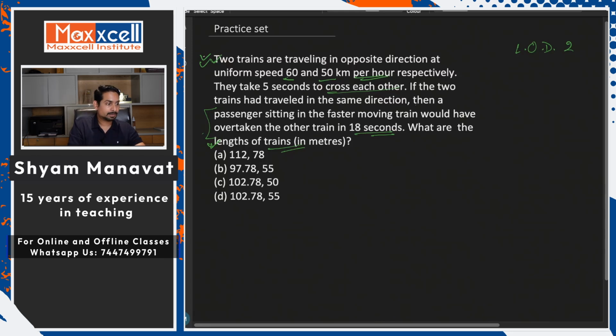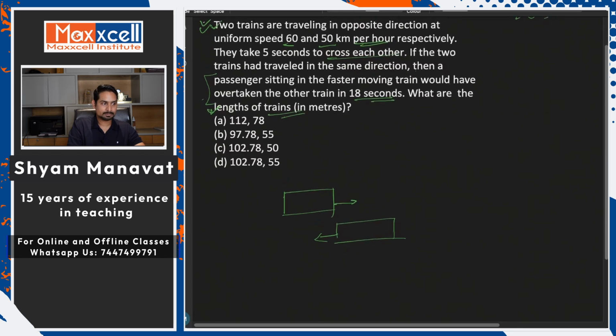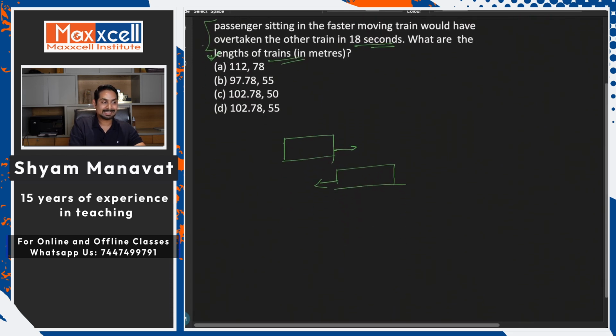Now if two trains are crossing each other, moving in the opposite direction, the distance they have to cross is the sum of the lengths of both, length of A plus length of B. That's going to be equal to, which formula am I applying?